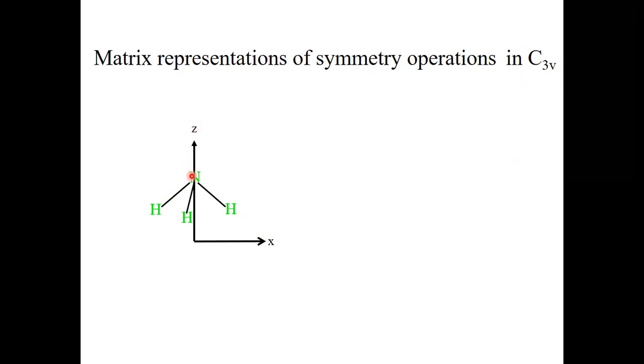And we can orient the NH3 molecule so that the z-axis goes through the top of the pyramid, this nitrogen atom here, and one NH bond, this one here, lies within the XZ plane. Okay. So now this makes this NH bond point to the front and this NH bond point to the back.